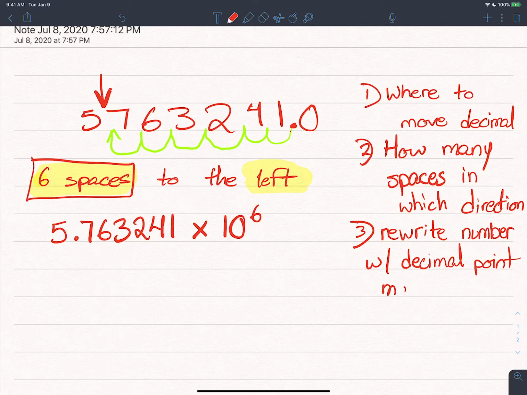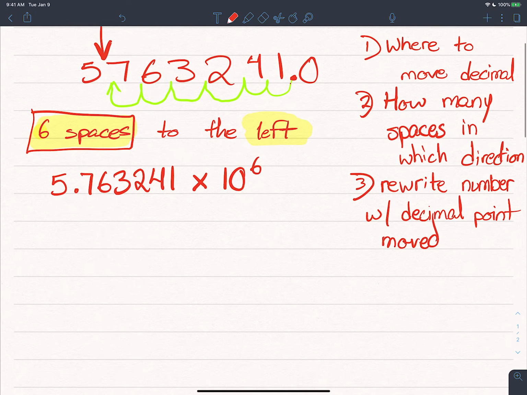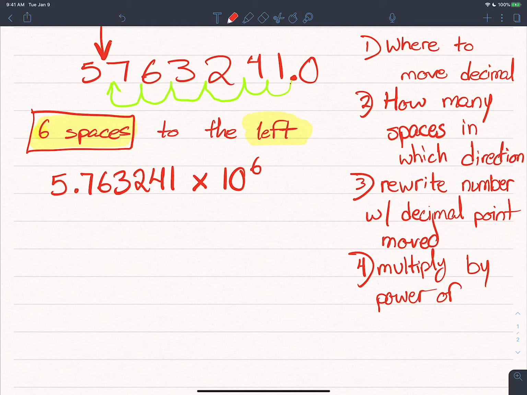Right? And then 4, we are writing four, and then we are going to multiply by the power of 10. Multiply by the power of 10, right?